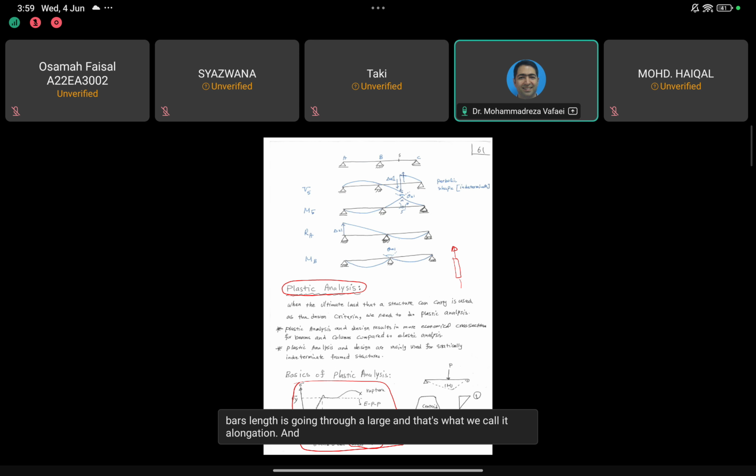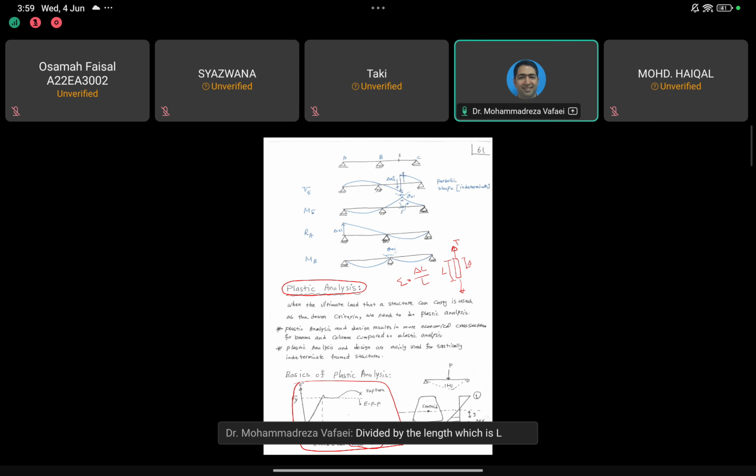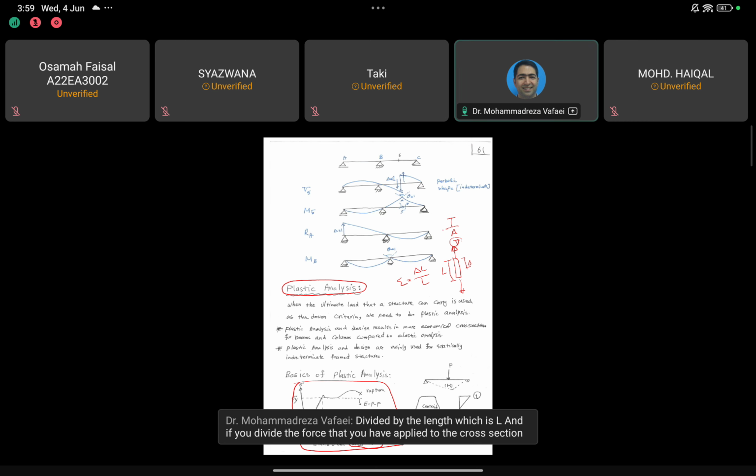And if you calculate that elongation and divide it by the original length of your bar, then you can get a parameter that we call strain. So this is delta L, elongation, divided by the length, which is L. And if you divide the force that you have applied by the cross-section area of your bar, you get a stress.